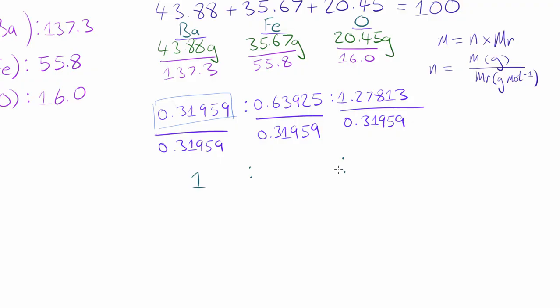Now, in the case of the others, in the case of iron, you're going to get 2.00022, and in the case of oxygen, you're going to get 3.99928.